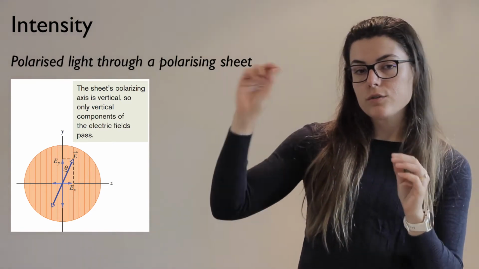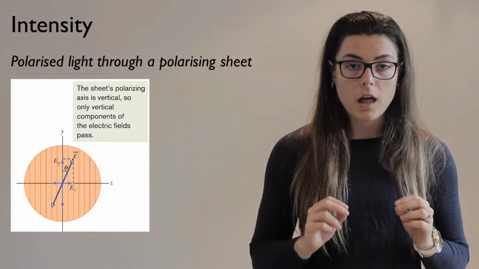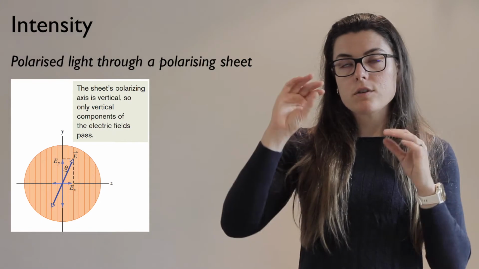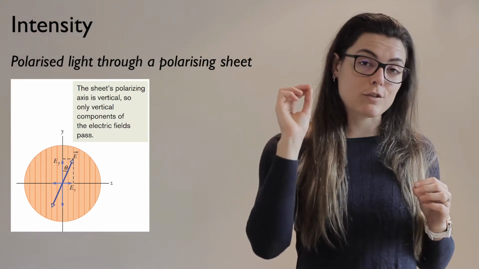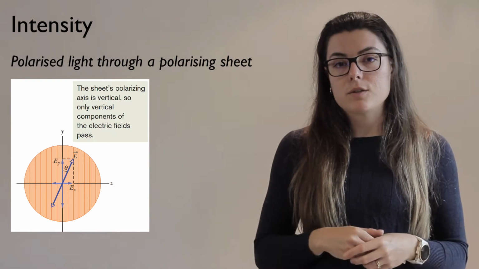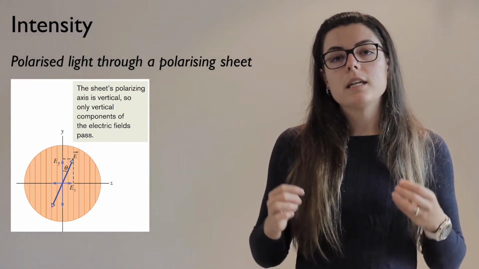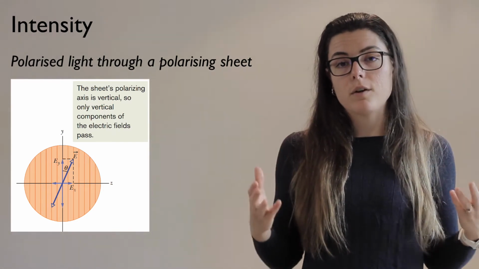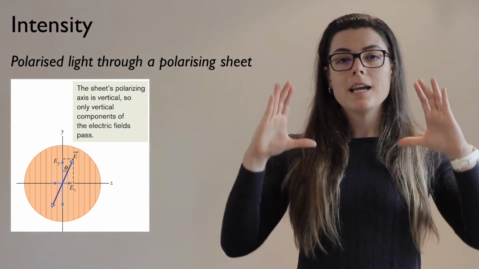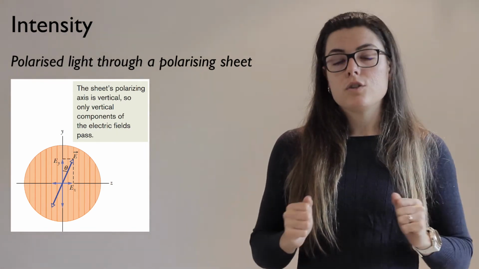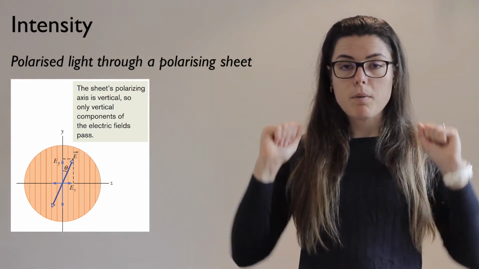We've got a horizontal and a vertical component of the electric field of the light. We're going to have to work out a similar sort of thing here. Now, the only electric field component that is going to pass through the polarizing sheet is the component that is parallel to the direction that the sheet is polarized in.